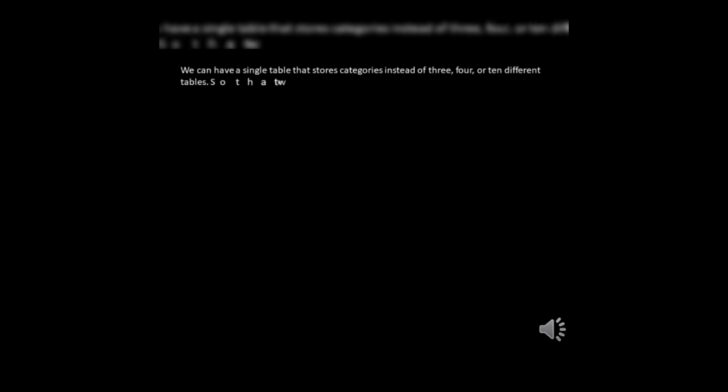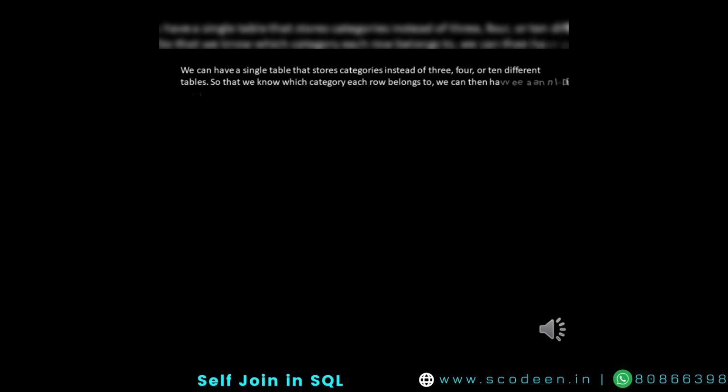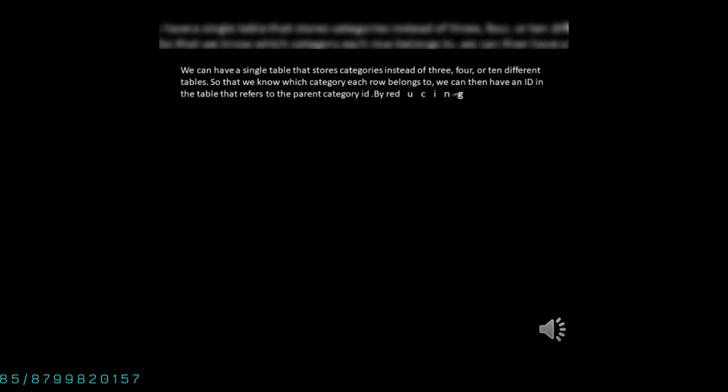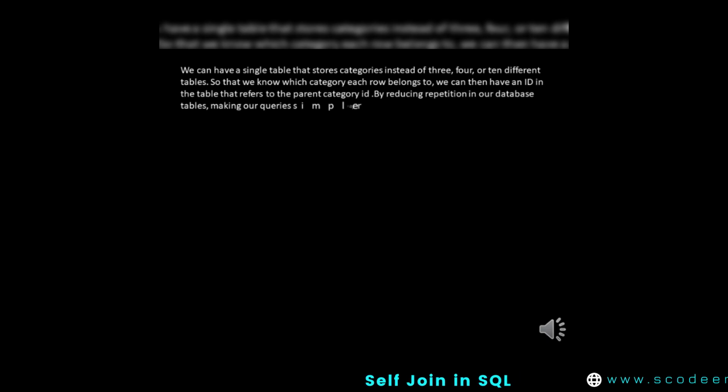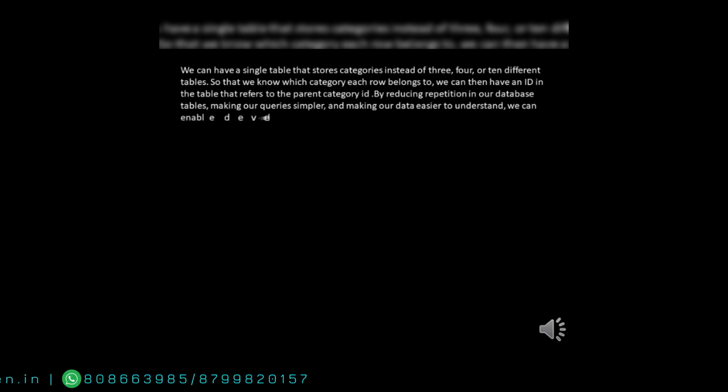So that we know which category each row belongs to, we can then have an ID in the table that refers to the parent category ID. By reducing repetition in our database tables, making our queries simpler and making our data easier to understand, we can enable developers to use a self-join.